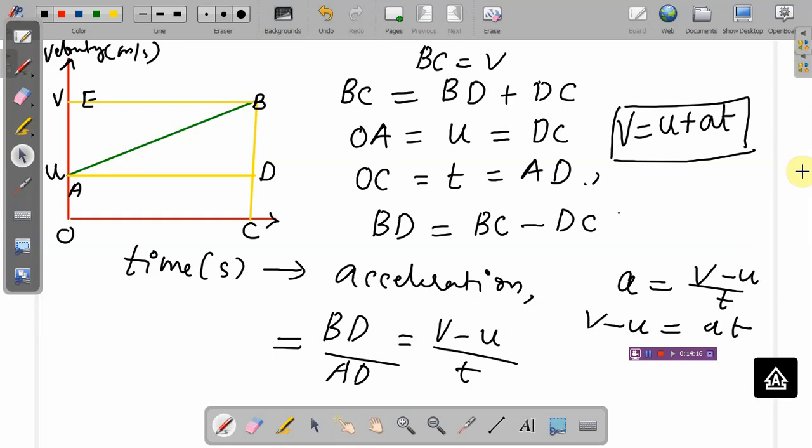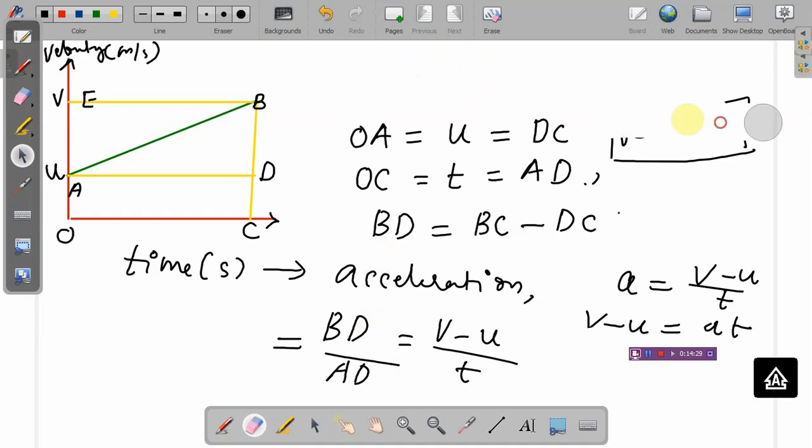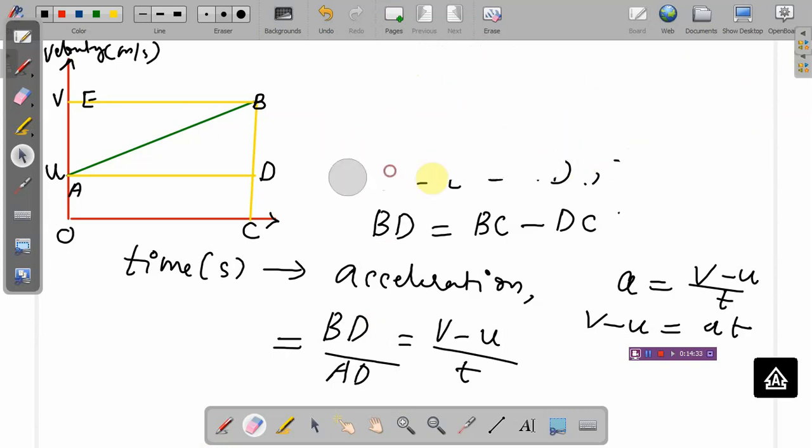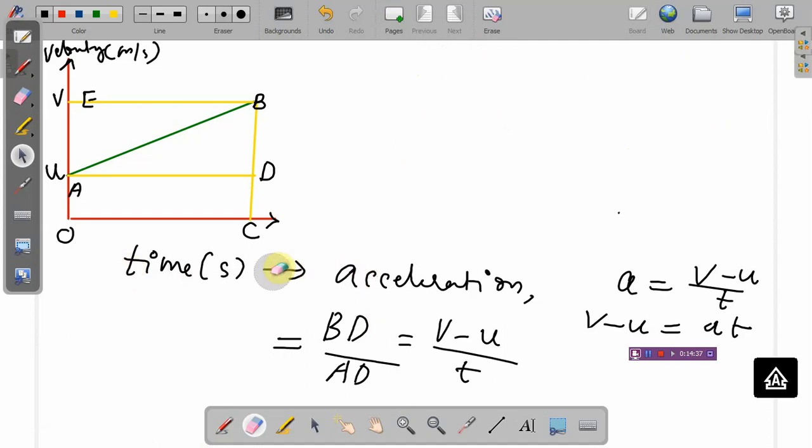Now let's do the second equation of motion. So I'm using the same VT graph to derive the second equation of motion. Second equation of motion, we have seen it is the position time relationship, right?